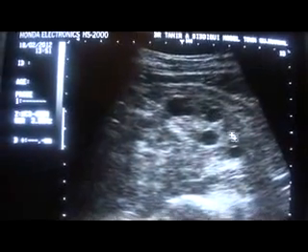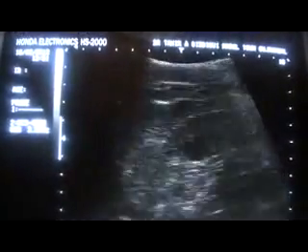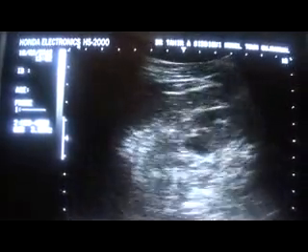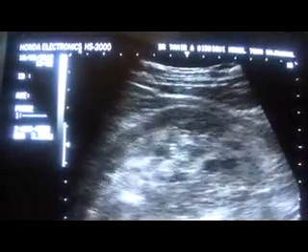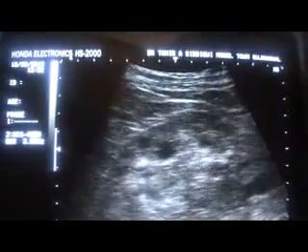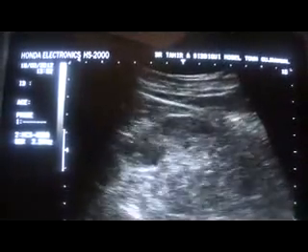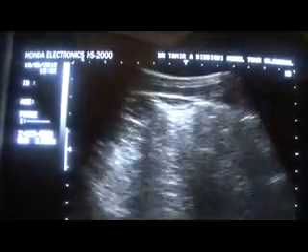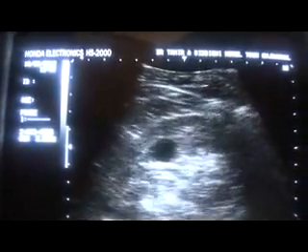This is in the parenchyma, and the outer surface of the kidney is smooth and regular. However, the central sinus echo complex does contain some tiny echogenic areas, some giving posterior shadow, some not. So this is a case of bilateral multicystic kidney.